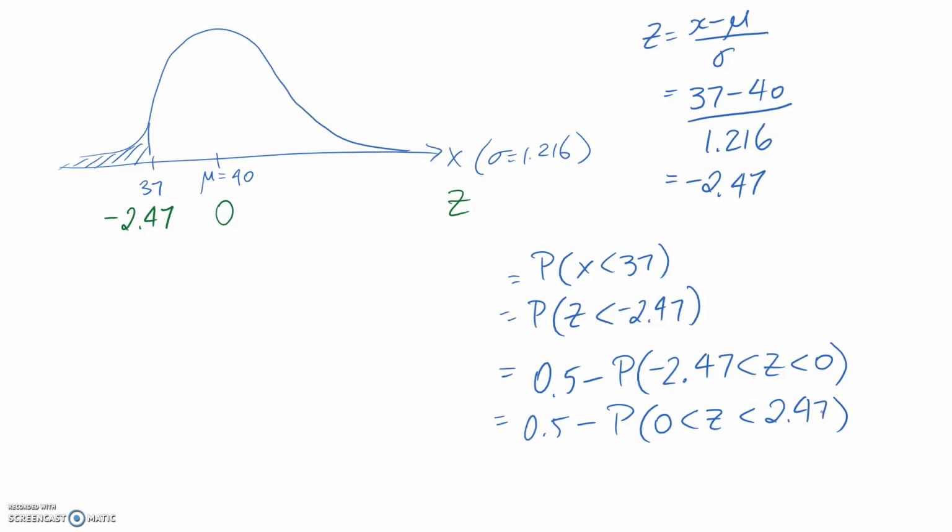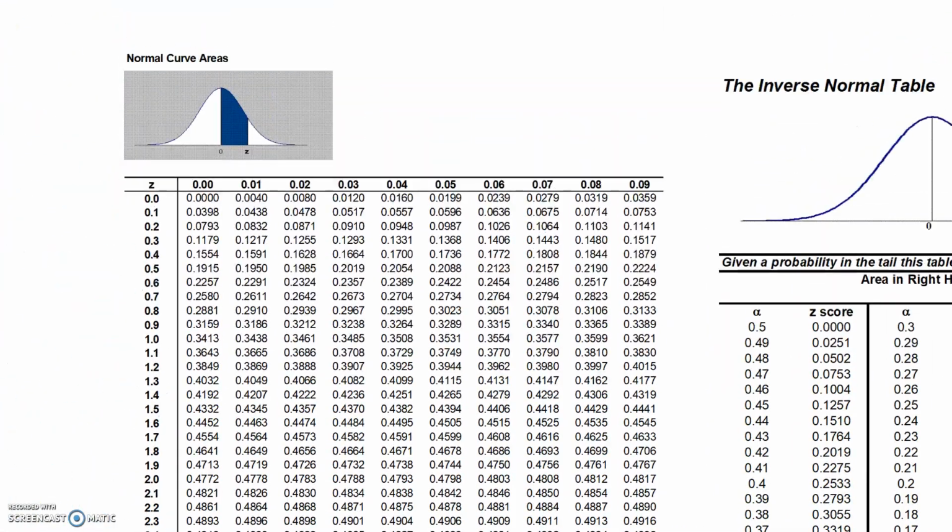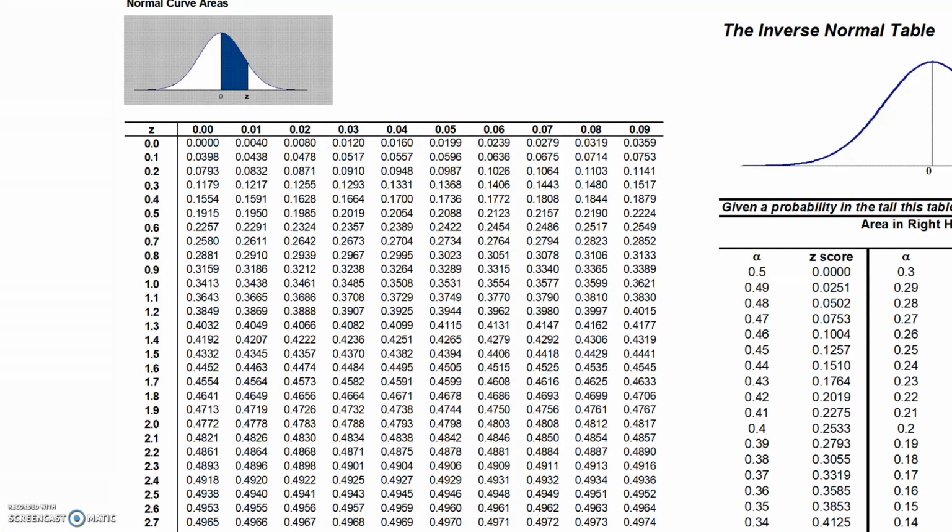So we need to look up 2.47 in the table, and we're going to use the regular table for this. So our z-score, 2.47. So this is 2.4, and then we need it with the 7, this one here, the 7 as the second decimal.